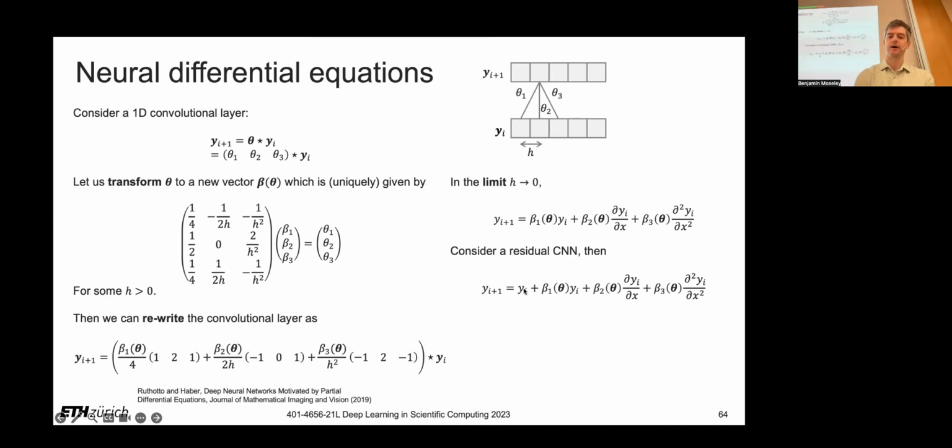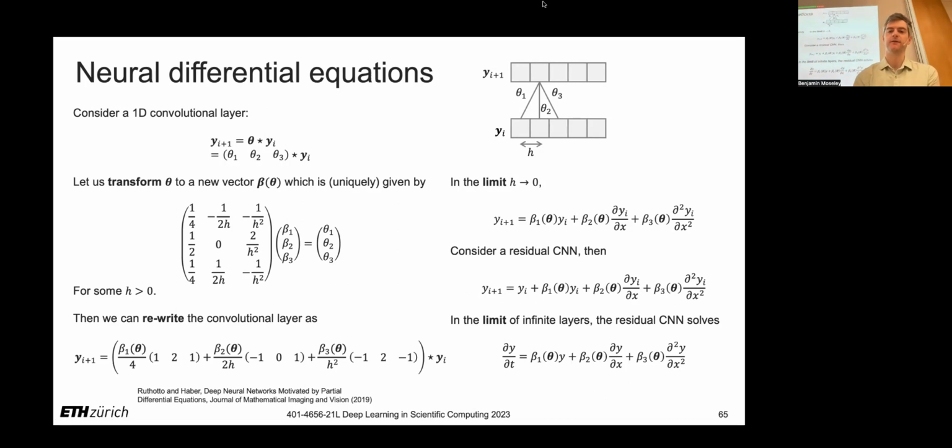If you do that, that just adds y_i to this extra update here, and then we can move y_i over to the left-hand side. This becomes a difference. And again, in the limit of an infinite number of residual convolutional layers, if this direction is a time axis, then this becomes a derivative in time. Very similar to how we interpreted the ResNet as solving a time equation.